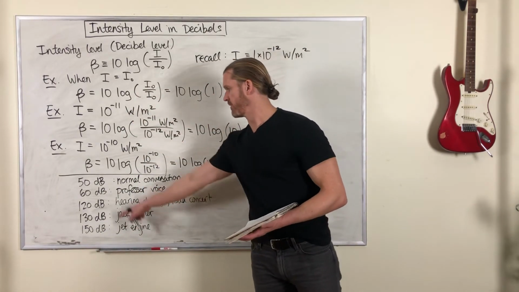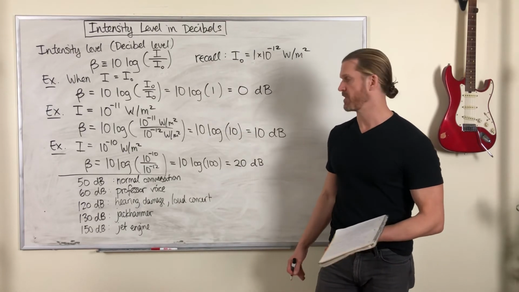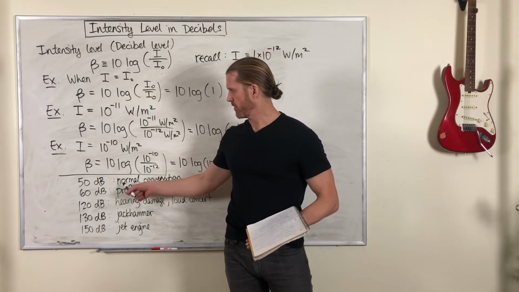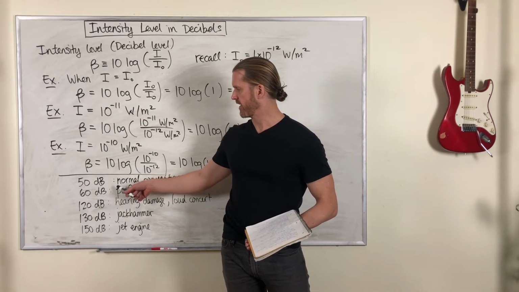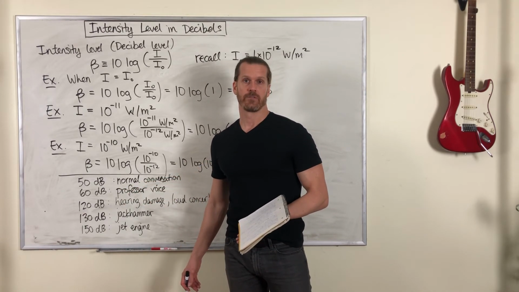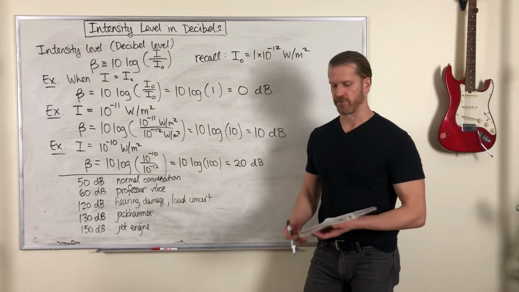So if you're in any of these situations, you need to wear hearing protection, otherwise your hearing is going to be damaged, maybe permanently. In fact, I think OSHA guidelines say that if you're in a work environment that's 85 decibels or louder consistently, then you need to wear hearing protection.